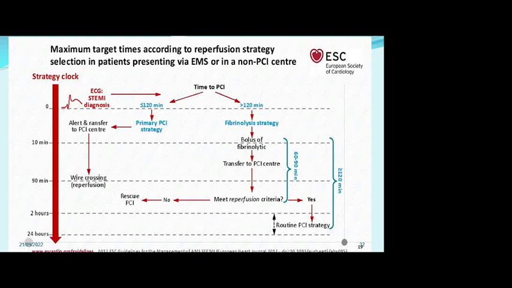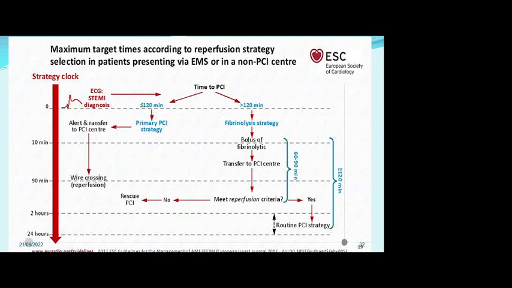Now this is a slide that I copied from the ESC guideline, published 5 years back. So how do you decide whether PCI or thrombolysis? The main determinant factor is time. If you can arrange PCI within 120 minutes from the time of admission, you should go for a primary PCI strategy.